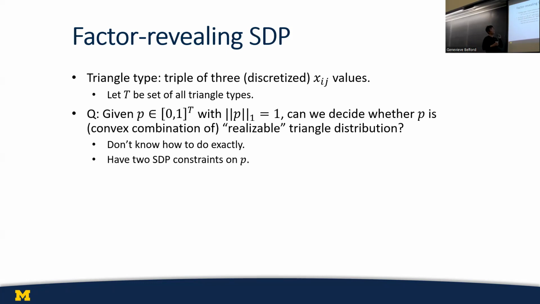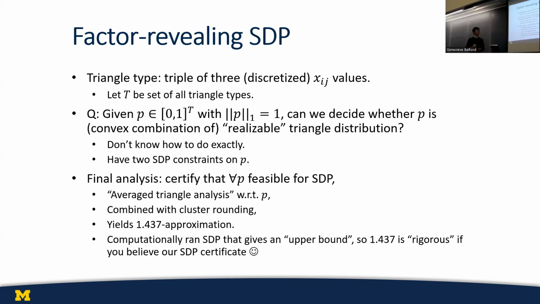We don't know how to decide this exactly. I think exactly deciding this problem is really hard. But at least, as I told you, we can put some SDP constraints on this P.